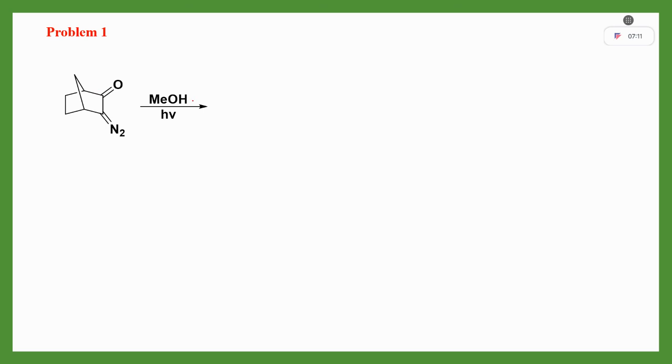So, you are given methanol and hν. Basically, here methanol is the solvent and hν is the reaction condition. On first impression, what are you going to do? You know this is an alpha diazoketone. In hν conditions, you can also write it as a carbene. Yes or no? When N2 leaves, it leaves a carbene here.